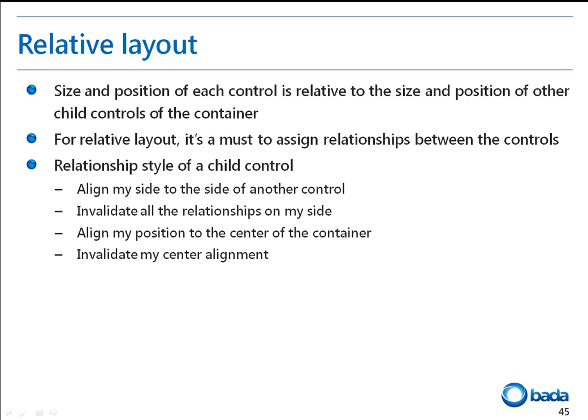Third, align my position to the center of the container, i.e., align the vertical or horizontal position to the center of the container. Fourth, invalidate my center alignment. For example, invalidates the horizontal, vertical center alignment.